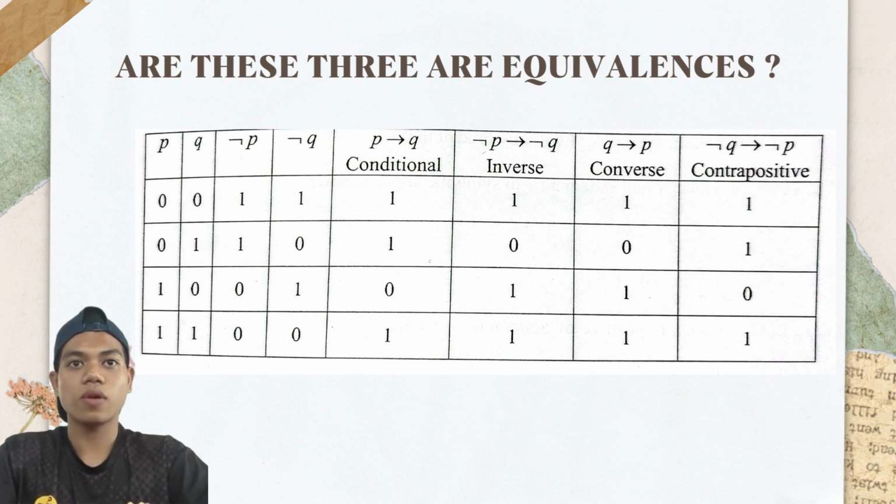So from here, we can say that if P then Q is logically equivalent to if not Q then not P, and if not P then not Q is logically equivalent to if Q then P. So we can say the conditional statement is logically equivalent to the contrapositive, and the inverse statement is logically equivalent to the converse statement. So that's all.